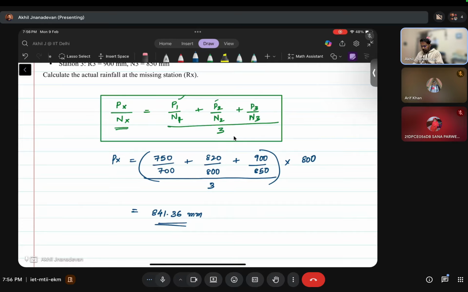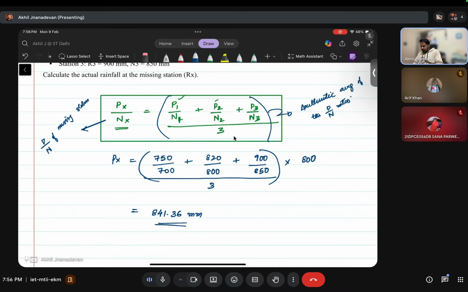The RHS is the arithmetic average of the P by N ratios, and the LHS is the P by N of the missing station. If you remember it this way, you won't forget the equation.